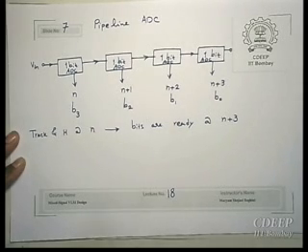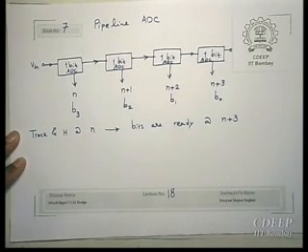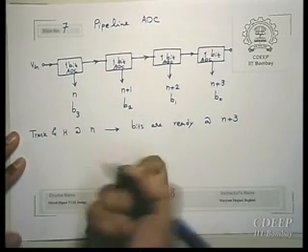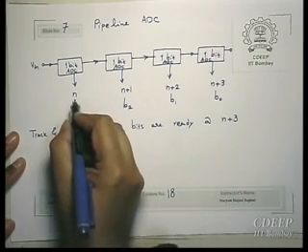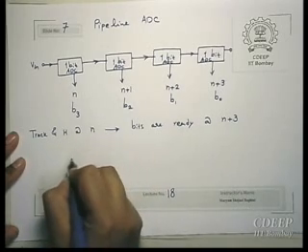The bit before that is ready at n plus 2. Therefore, you need to store this bit somewhere, and then when you require, bring them all together to the output. Therefore, you need to store this B3. So you need some kind of, for example, shift register.